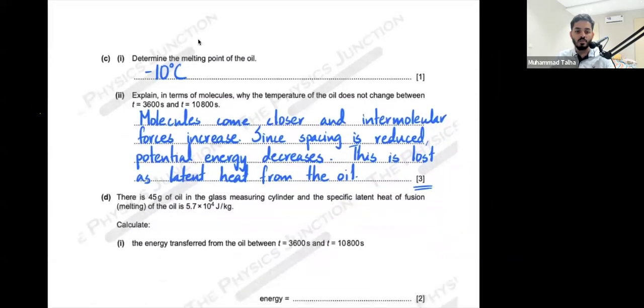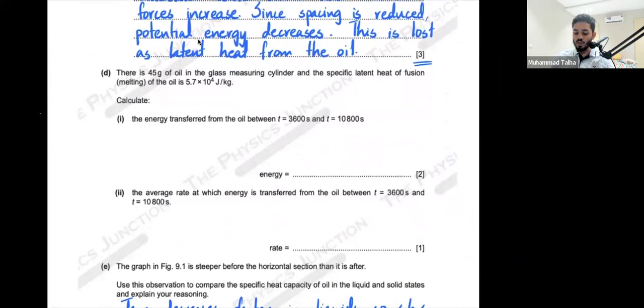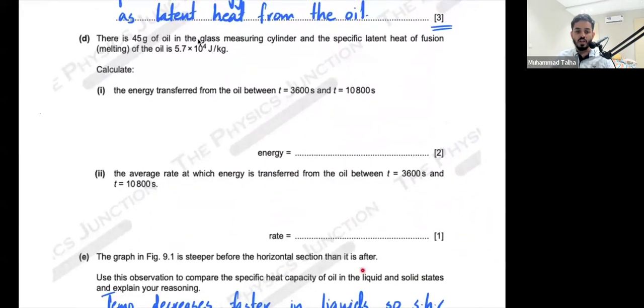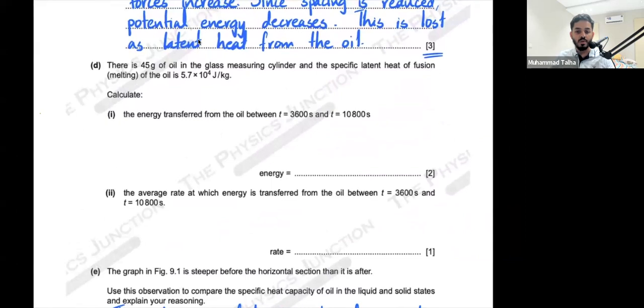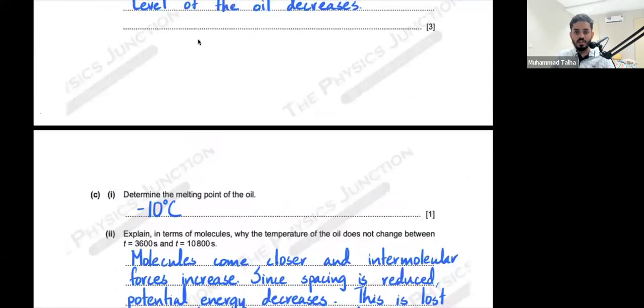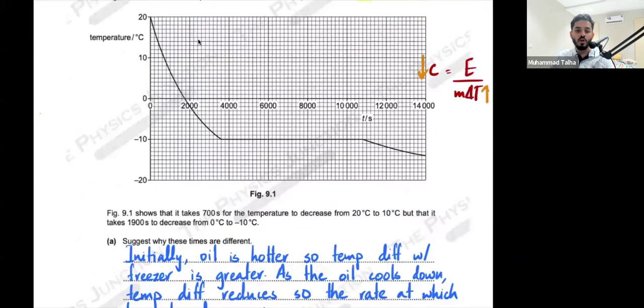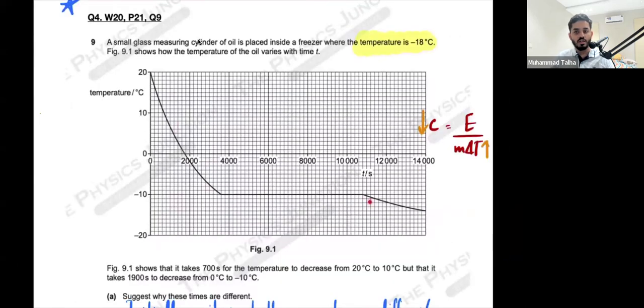Part D is not in our syllabus. Part E says the graph in 9.1 is steeper before the horizontal section than it is after. Use this to compare the specific heat capacity of oil in the liquid and solid states. So it says this is steeper, and this is not as steep. So this means the temperature here falls faster as compared to here.